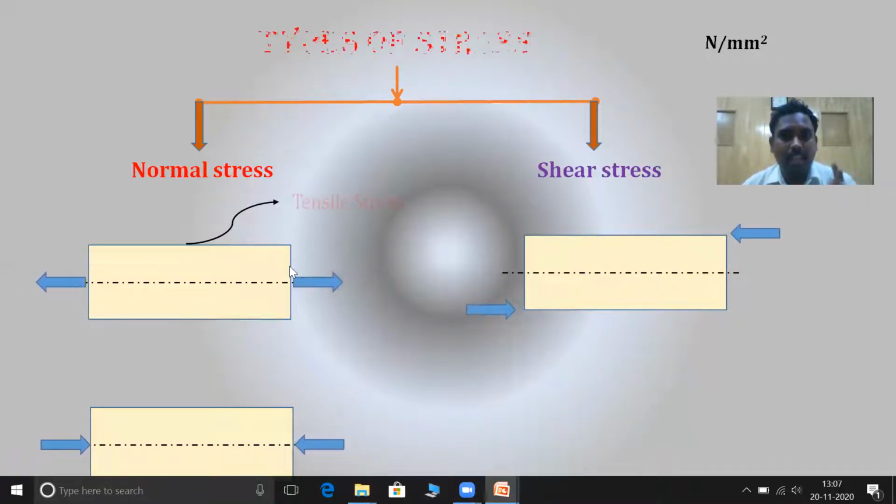Since I am applying a tensile load, tensile stress is induced. So that is why it is an example for tensile stress. In case number two, as I am applying the compressive load, compressive stress is induced. So that is why it is an example for compressive stress. And this is an example for the shear stress.